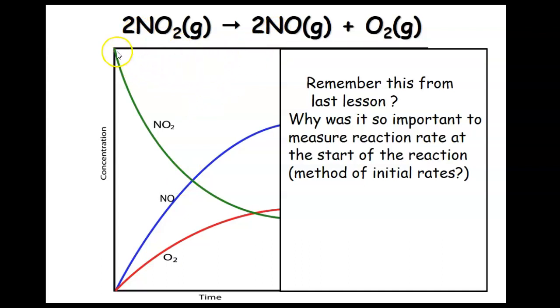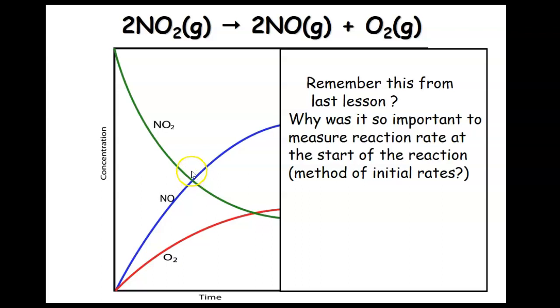So let's look at it this way. When this breaks down, the reaction goes on and the amount of NO2 decreases because it's forming NO and O2. NO and O2 are increasing while NO2 is decreasing. It will get to a point when the rate of decomposition of NO2 and the rate of formation of NO are equal.